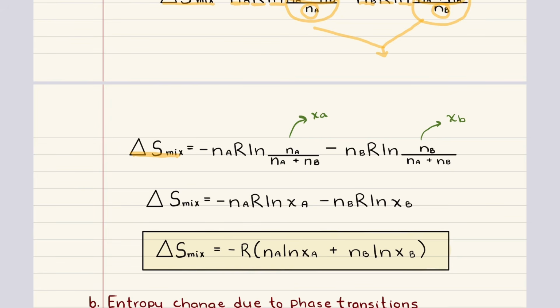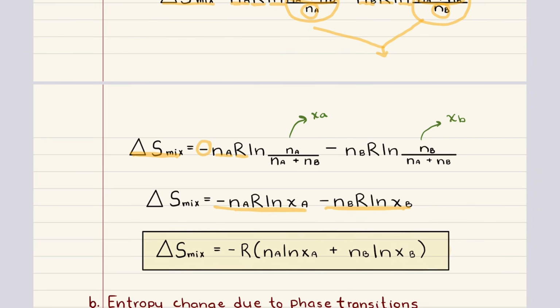Our equation now becomes delta S mix equals negative Na times R times the natural log of Xa minus Nb times R times the natural log of Xb.